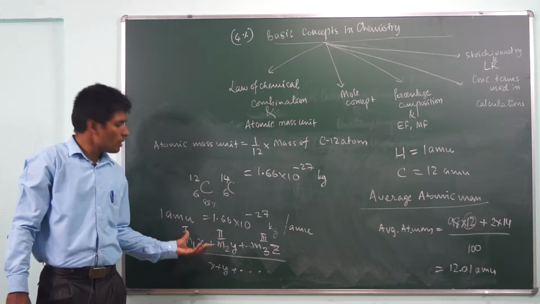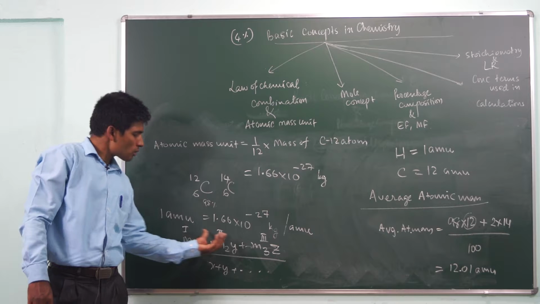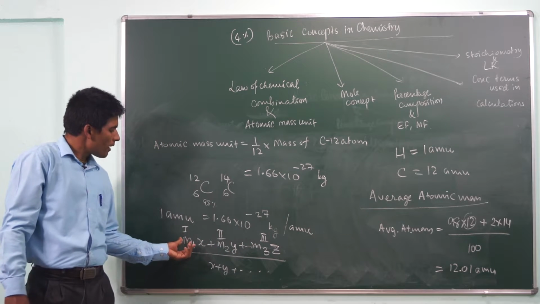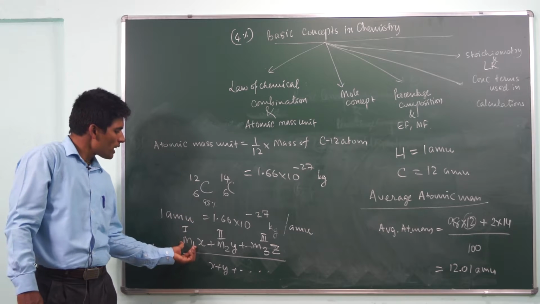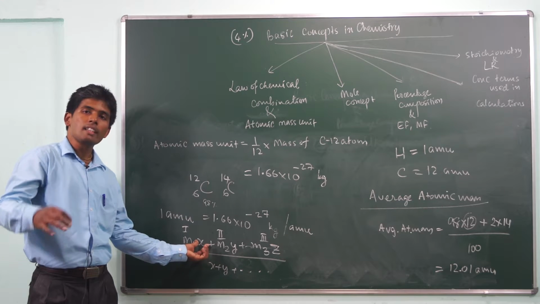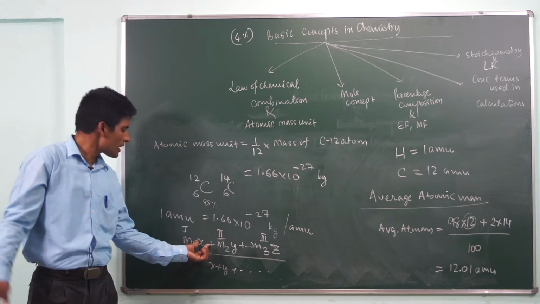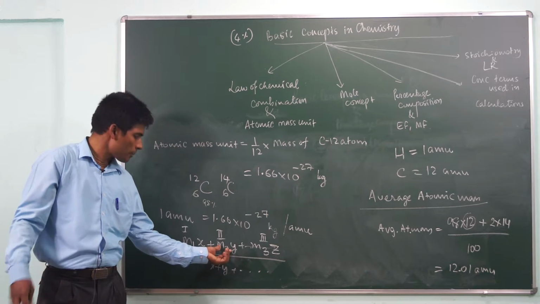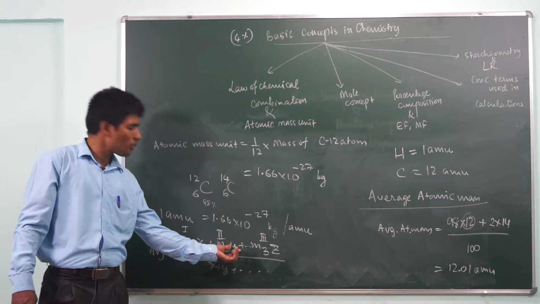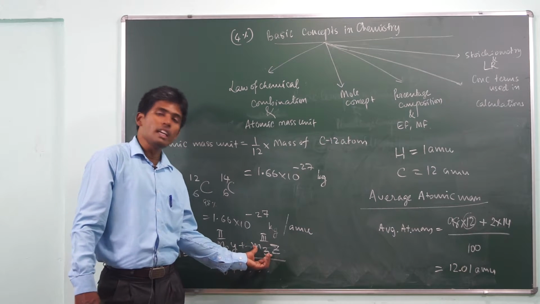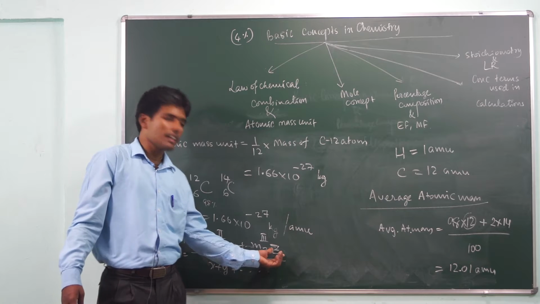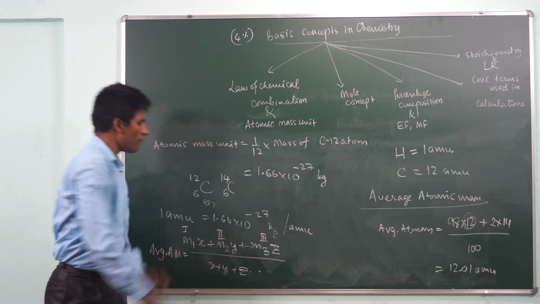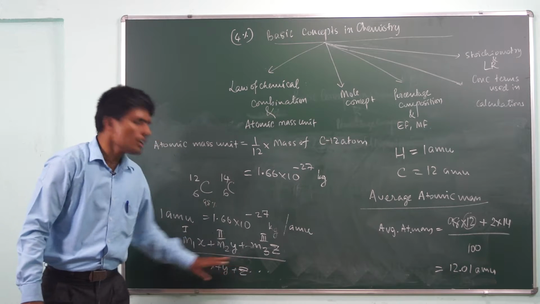So when you have 3 isotopes for a particular element which have the mass M1 with abundance, in the sense availability in nature, X, and the second isotope which has mass M2 and percentage availability Y, and the third isotope M3 and percentage availability Z, I just have to divide the sum by the sum of total availability.